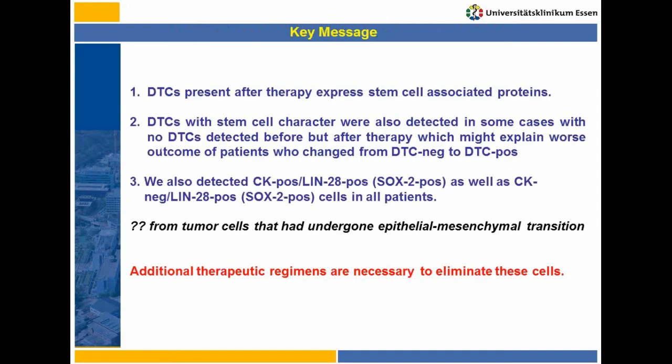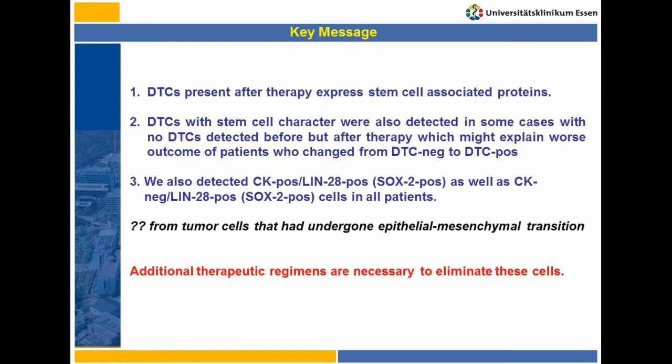So to summarize, the key message in this paper is that DTCs present after therapy express stem cell associated proteins. And DTCs with stem cell character were also detected in some patients where we found no DTCs before therapy. So the first step was only to look for cytokeratin positive cells, and there were patients who were negative before and positive after therapy.